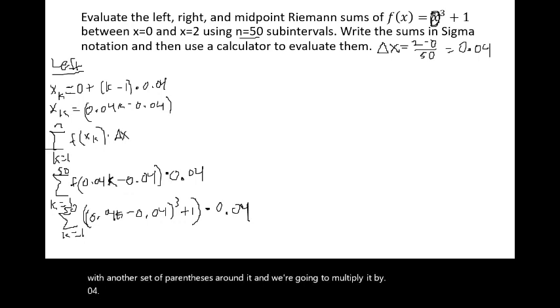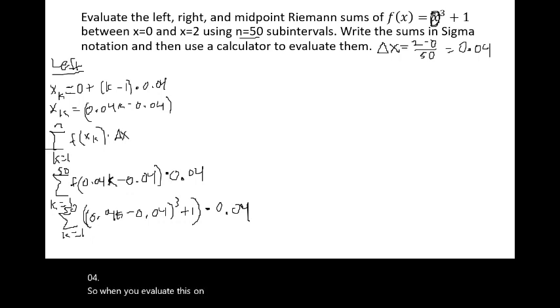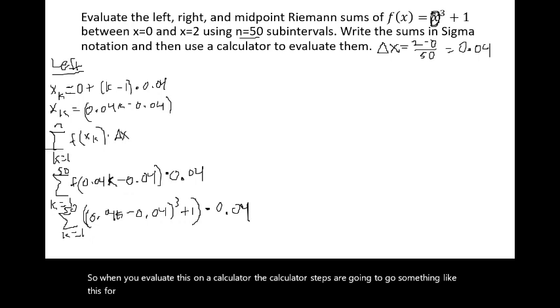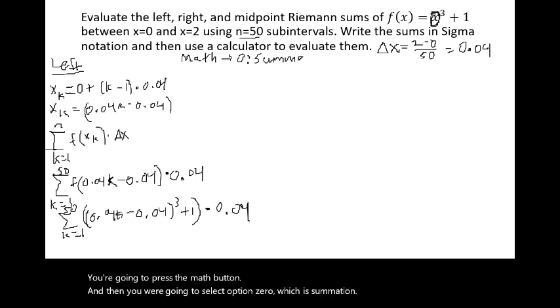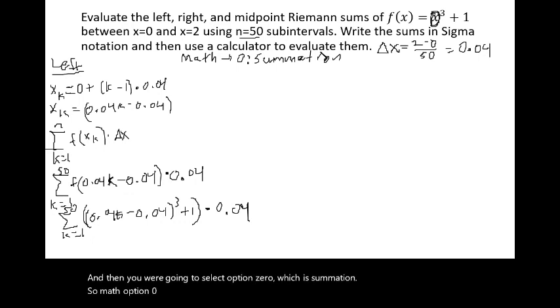So when you evaluate this on a calculator, the calculator steps are going to go something like this. For most TI-84s and newer TI-84s, you're going to press the math button, and then you are going to select option 0, which is summation. So math option 0, summation, will give you a sigma notation, and then you're just going to type exactly what you see here into your calculator.